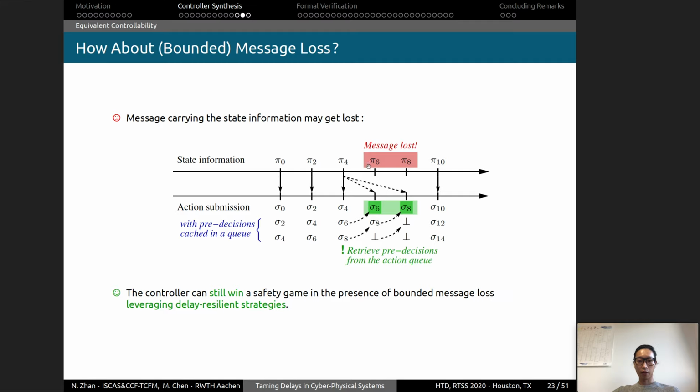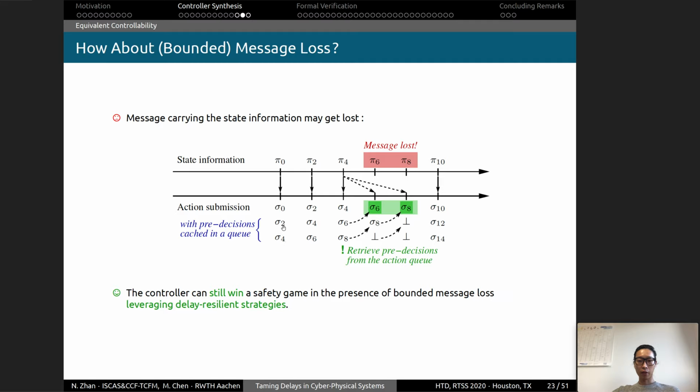Suppose we have two state informations, pi6 and pi8, which get lost, but our incremental synthesis actually gives the possibility to tackle this setting, because let's say when making a decision, we can always make two backup decisions subject to delays.